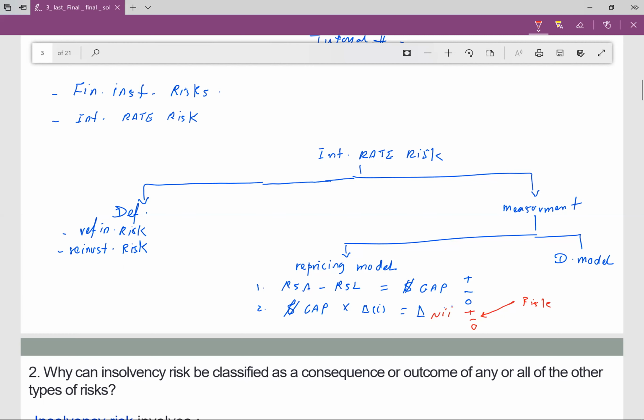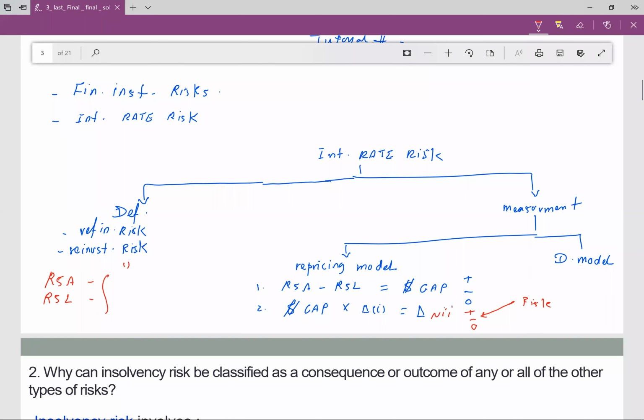Now I have a problem. Actually, I don't have problems. It's just things that we have to think about. It is the identification of, because this is the problem with most students last time, to know what is the risk-sensitive assets and what is the risk-sensitive liabilities. We can know them from two issues.